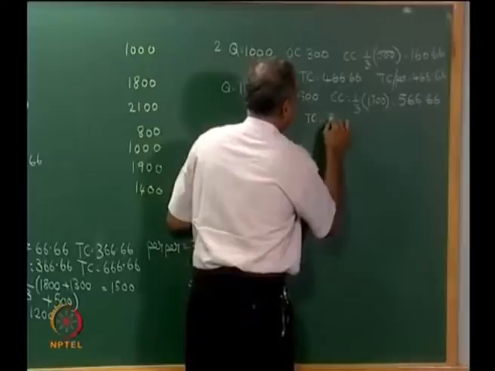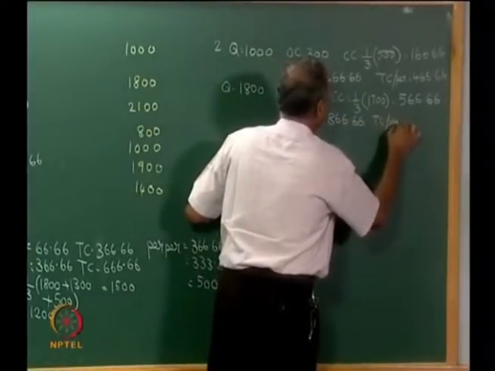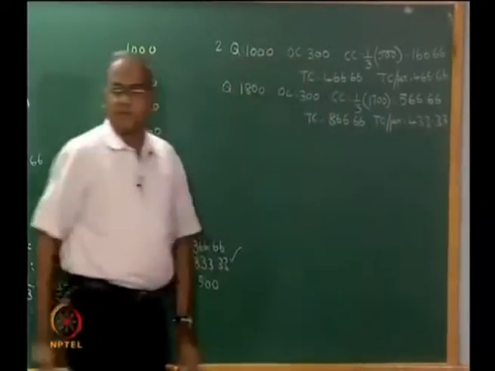So, TC is 866.66. Now, TC per period is 433.33.